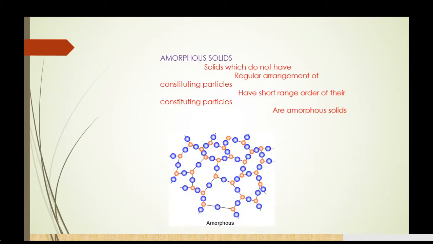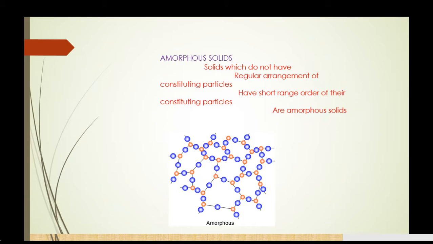Understand? Number second, amorphous solids gradually soften over a range of temperature. Understand? The melting point for crystalline solid is sharp, but there is no definite melting point for amorphous solids.